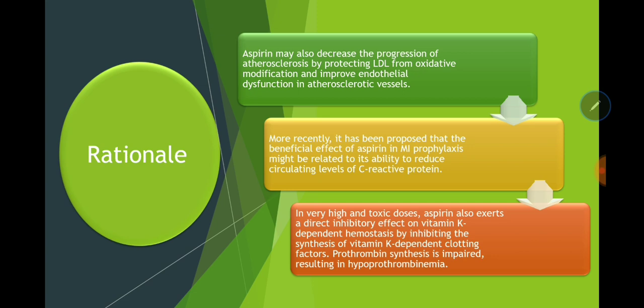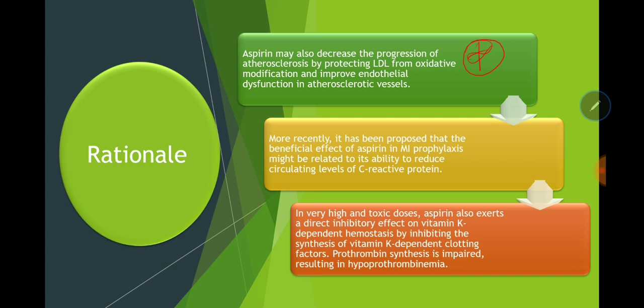Aspirin may also decrease the progression of atherosclerosis. If somebody has atherosclerosis, you find that they're given aspirin, and this is to protect LDL from oxidative modification, and therefore it improves endothelial dysfunction in atherosclerotic vessels.